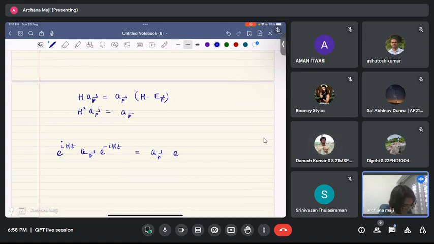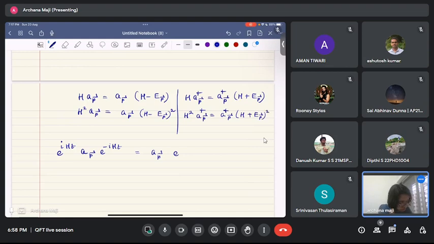That is nothing but a_p (H minus E_p) squared. Likewise, a_p dagger will be a_p dagger (H plus E_p). So basically H to the power n a_p will be a_p (H minus E_p) to the power n. Okay. Similarly here also.